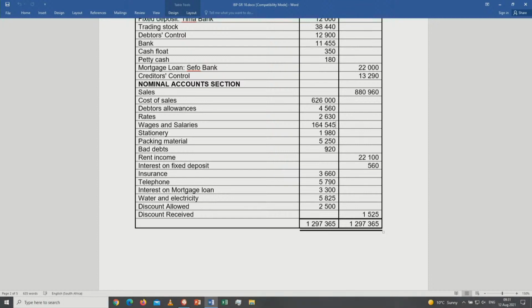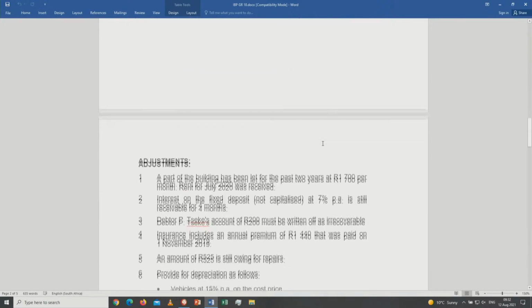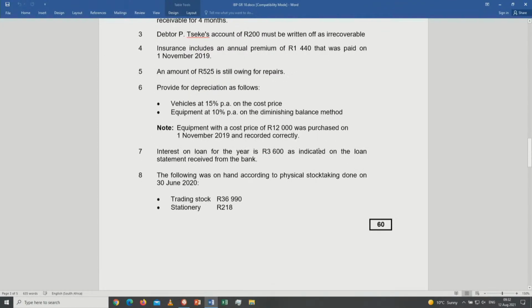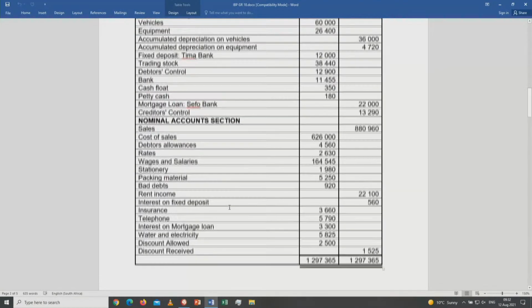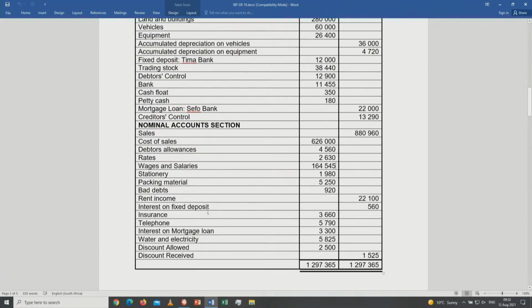Then we go to stationery, and we check if we have any adjustment for our stationery. Look at number 8. It says that the following was on hand according to physical stock taking on 30 June 2020. At the end of the financial year, stationery on hand was 218. And look at how much we had for stationery, 1,980.